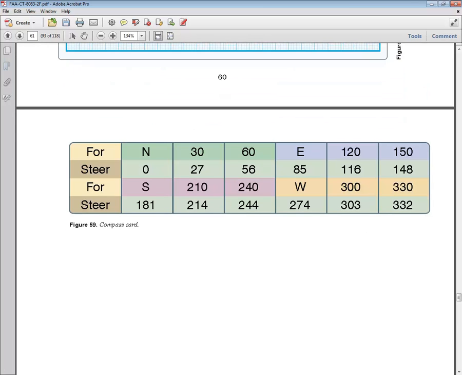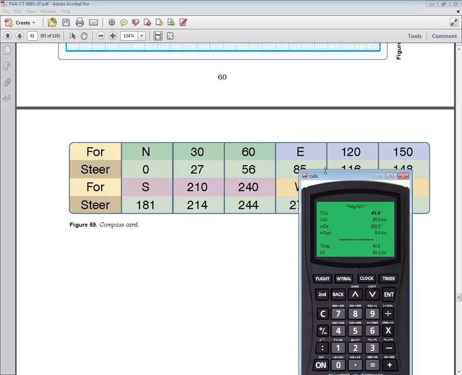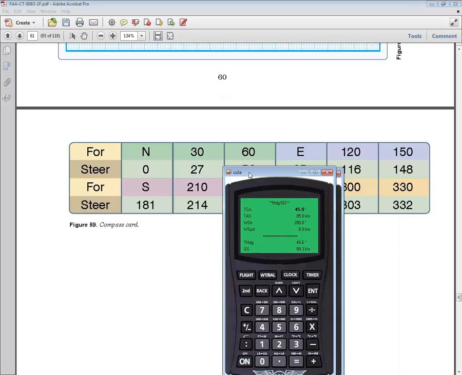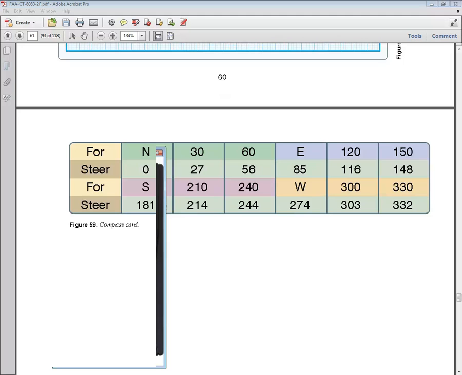Just a second ago we said we had a magnetic heading of 45.6, and it looks like, according to this chart, 45 isn't listed, but they list 30, they list 60, and each time they're either subtracting 3 if you go from 30, or they're subtracting 4 if you go from 60.